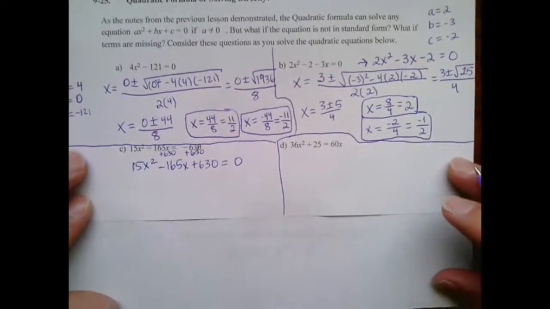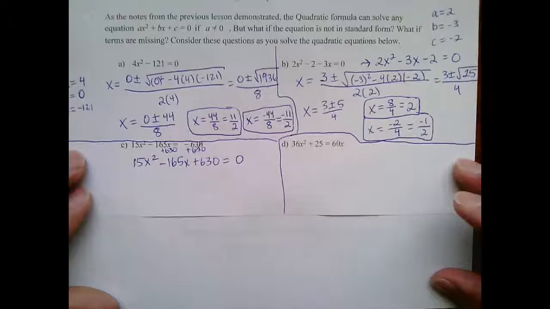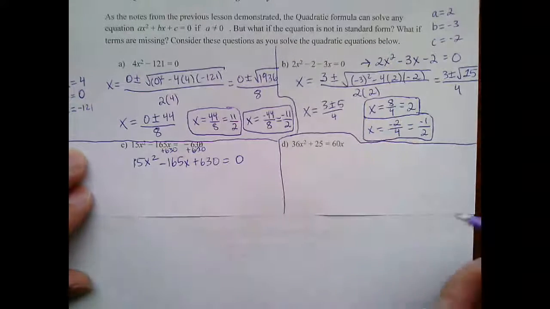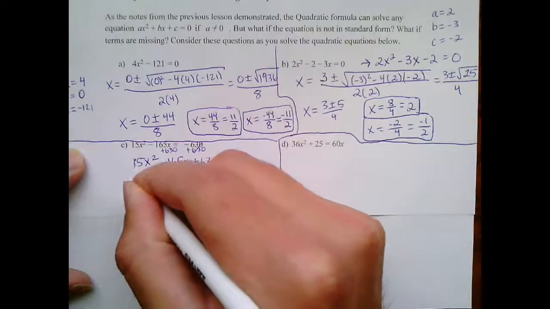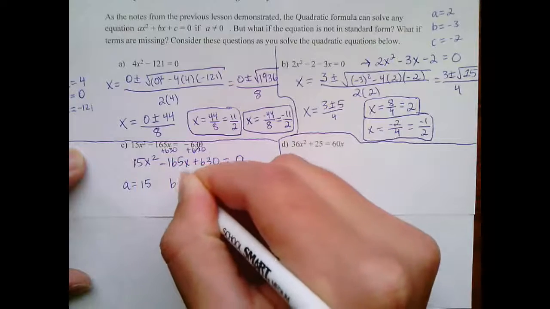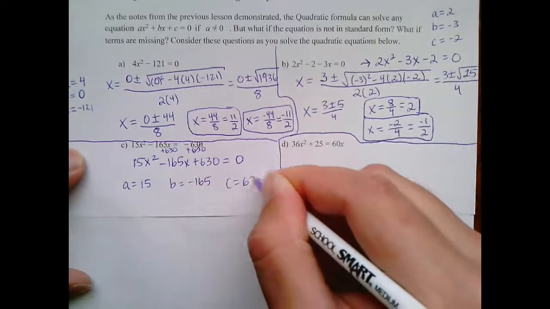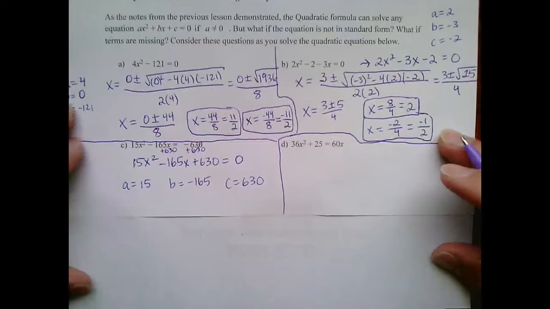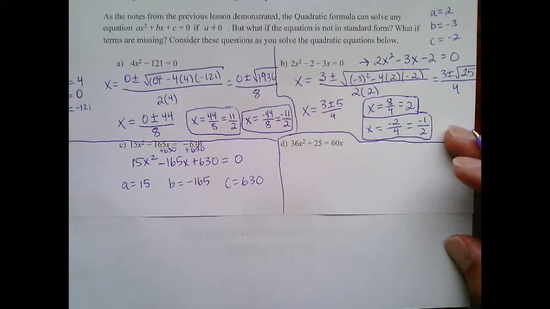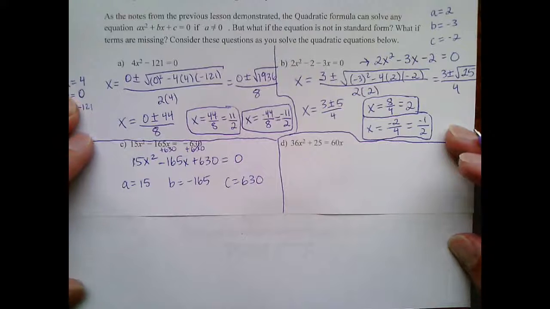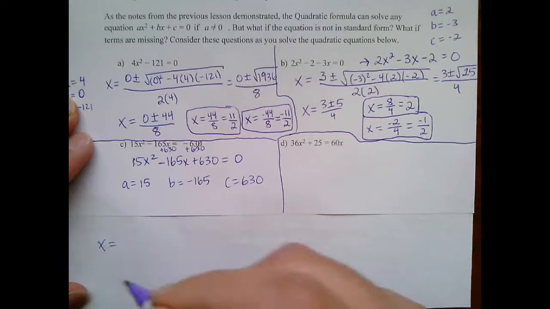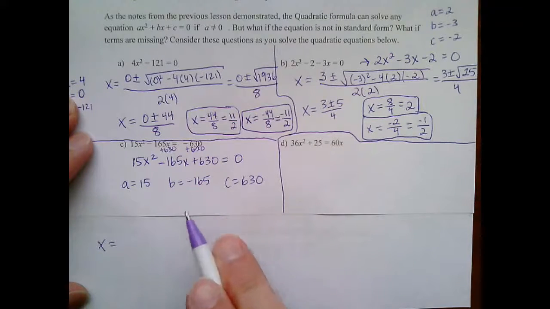So if I have that, I can find out what A, B, and C are. I'll give myself some space to do this. So I can say A is 15, B is negative 165, and C is 630. Notice these numbers are a lot bigger than the numbers we saw in A and B. So let's do it. x equals the opposite of B. What's the opposite of negative 165?